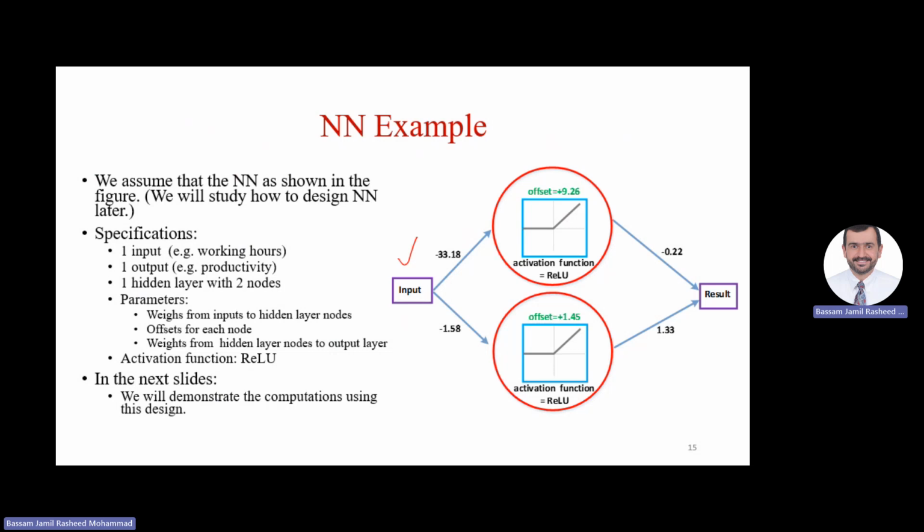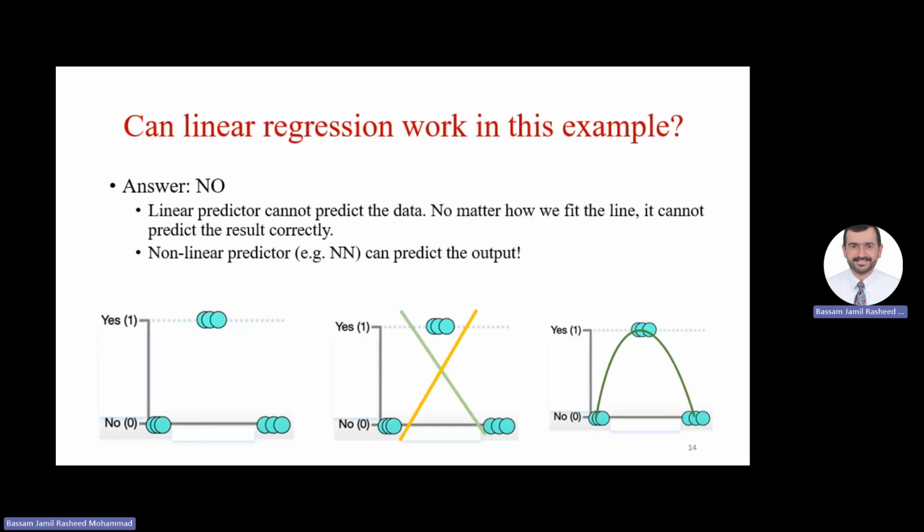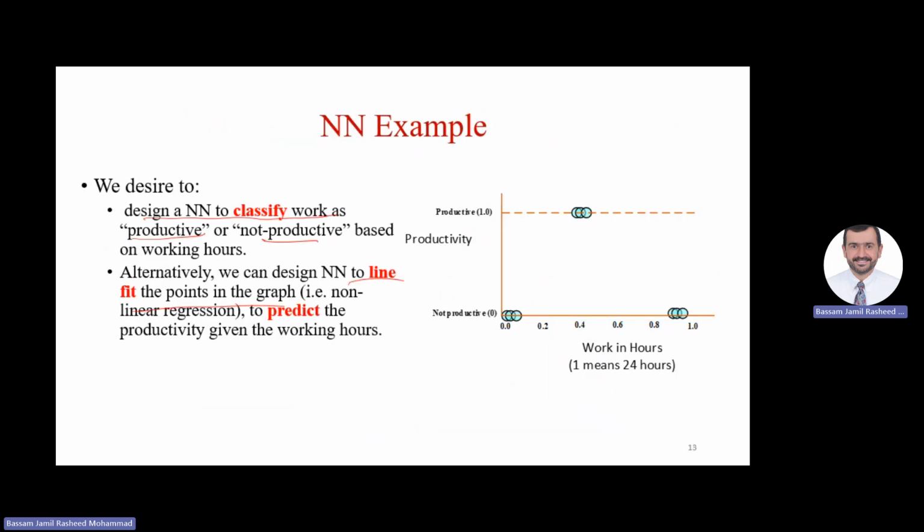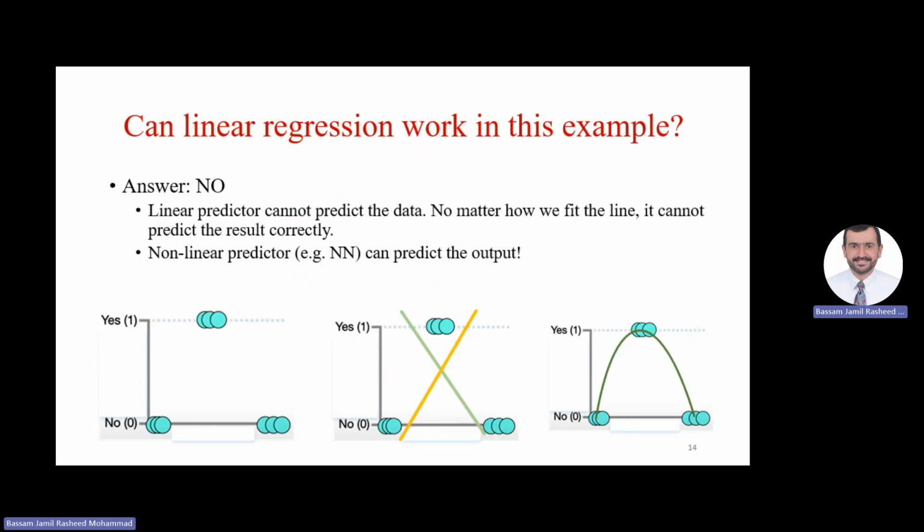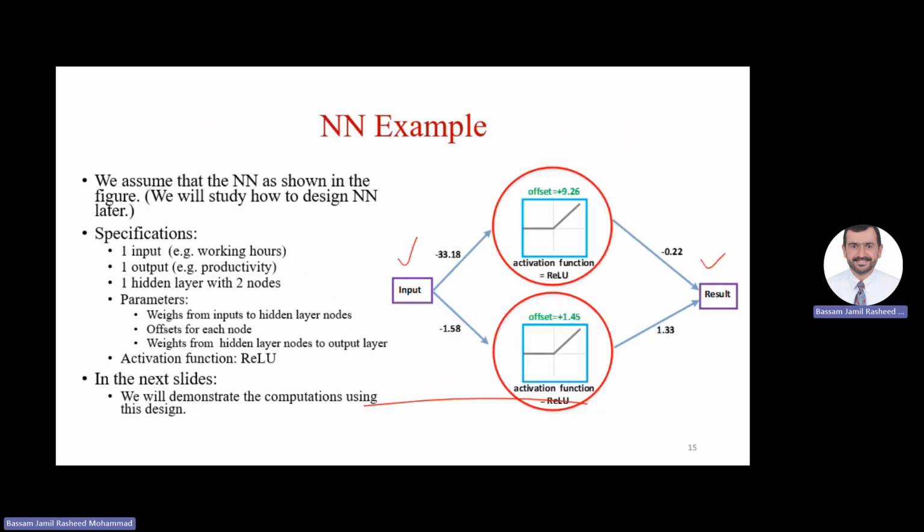What's the input? Working hours. And then we have one output, the result, that curve, the productivity number. So you gave me one input and one output, and therefore my network has one input and one output.